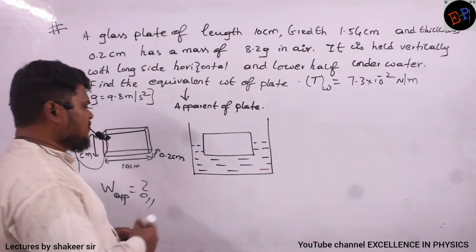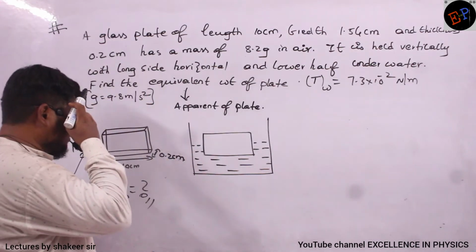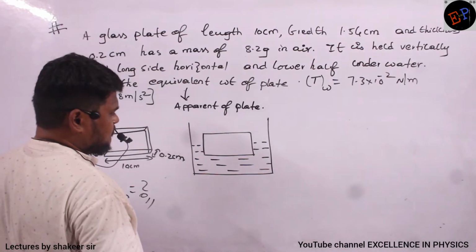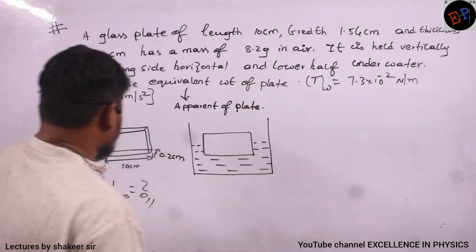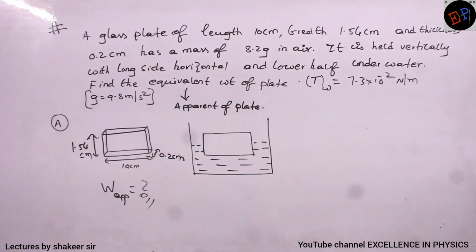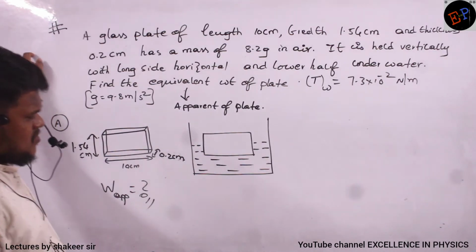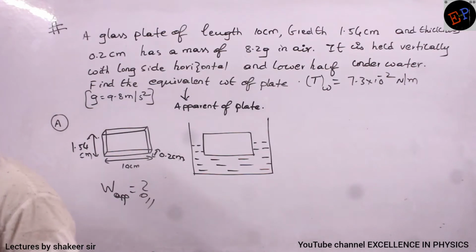So what are the different forces which are acting? Surface tension forces, are they acting in upwards direction or downwards direction? That we have to see. Let us see what he has considered.